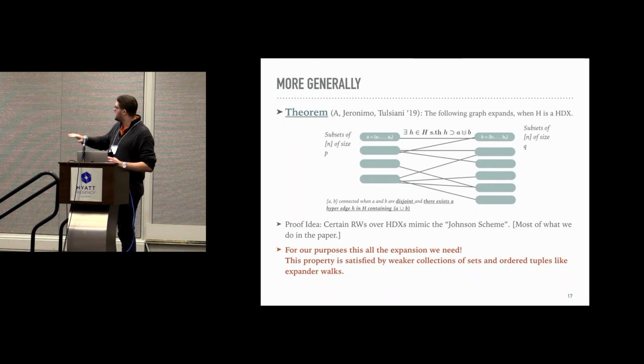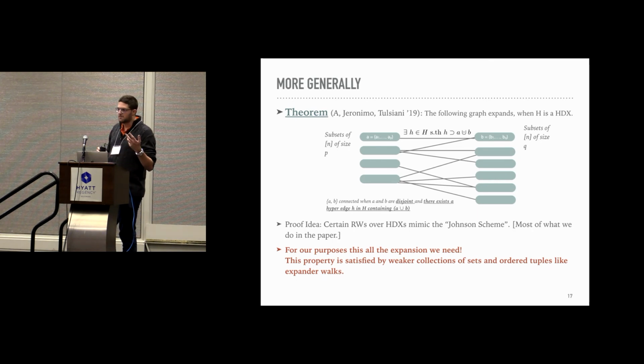And what we show is that this graph is expanding. I just want to say a little something about the proof idea because I think it's really nice. So there is this idea that when we're thinking about expanders, the picture we have in the back of our heads is that an expander is just a sparse complete graph. So the intuition we use to prove this is very similar.